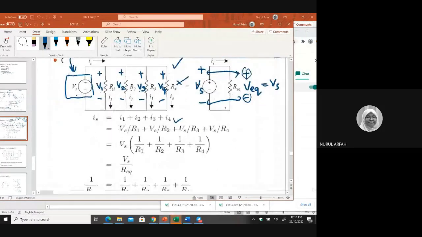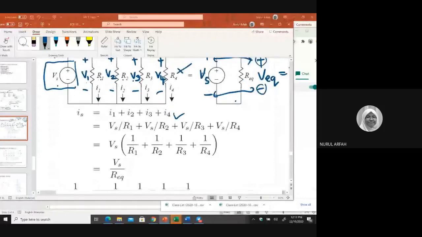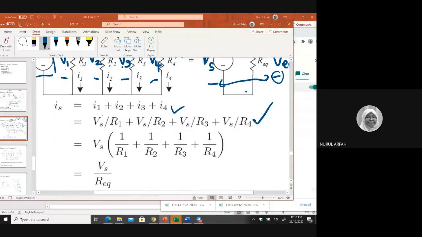And because of that, you can rearrange the equation here. In the equation, you can put the Vs on one side, and then the rest is just rearranging R1, R2, R3, R4 in this position.